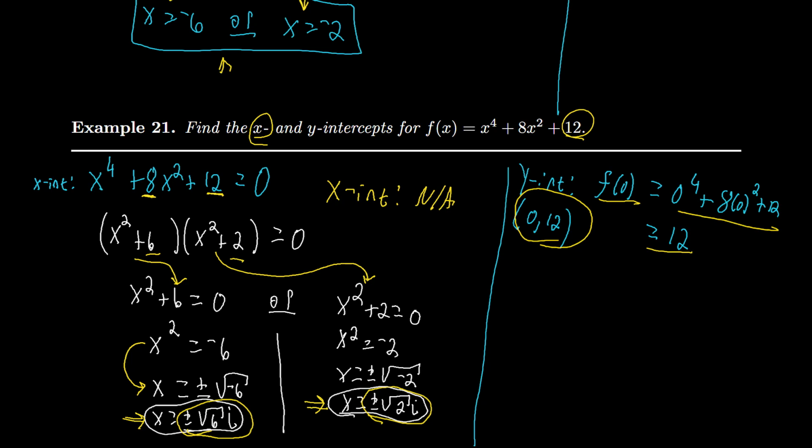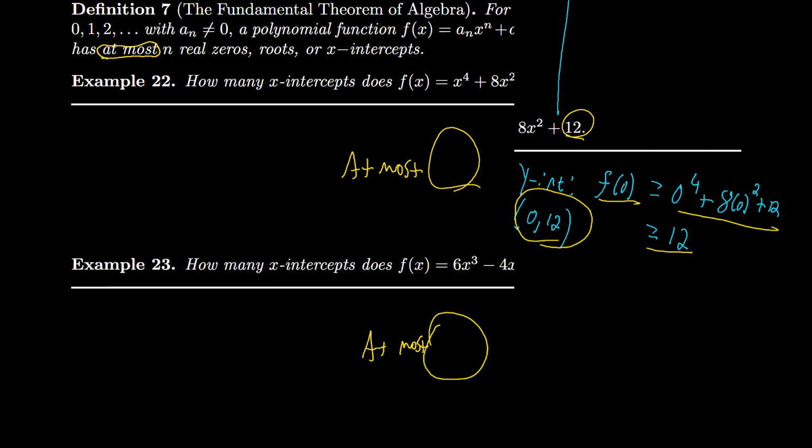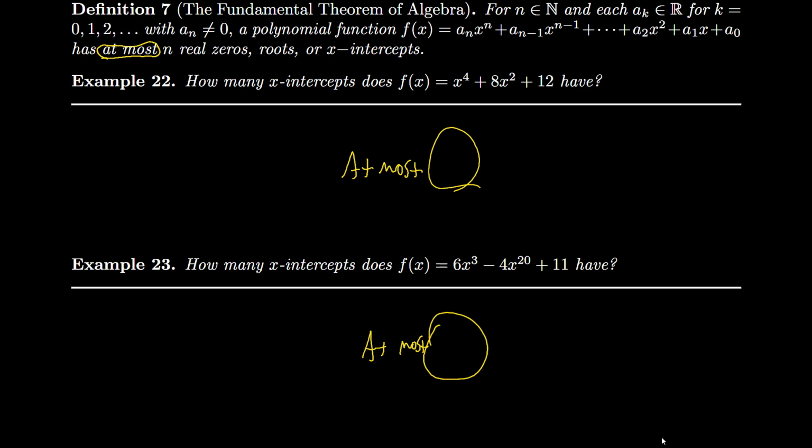Now I want to talk about one last little thing, and we're done here. Let's talk about the fundamental theorem of algebra, and we're going to talk about it more in the future, so I just want to really quickly go over this. It says, for n some natural number, and each of your a sub k's done like they're supposed to, a polynomial function that looks like a polynomial has, and here's the key, at most n real zeros, roots, or x-intercepts.